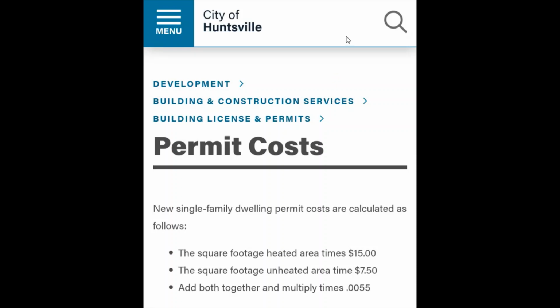So just to switch this up and see what we can do with it mathematically, let's change this into an equation and see exactly how we would express it. So let's let X be equal to $15 times the unheated area.